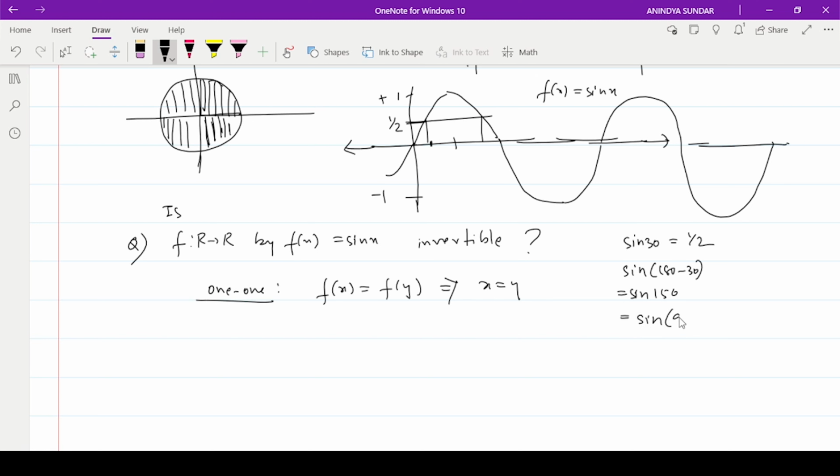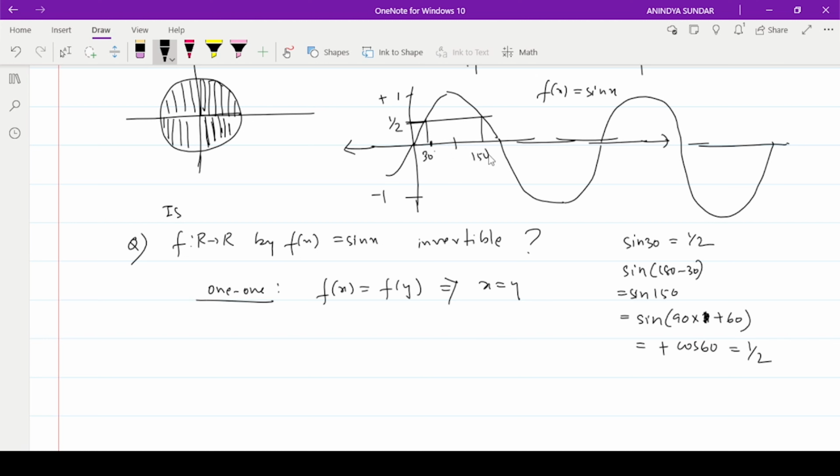Our natural way is to write it as sin(90 + 60), which is equal to cos 60. And since this is in the second quadrant, there will be plus. So cos 60 is half. So I can see that at 30 degrees, I will get half.